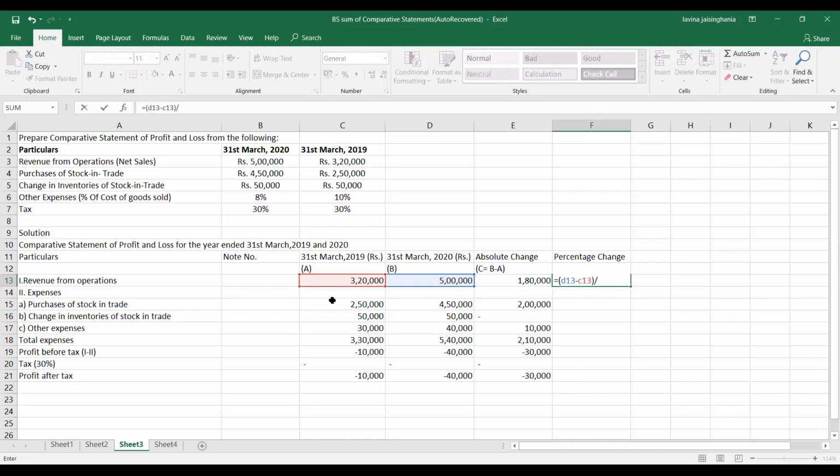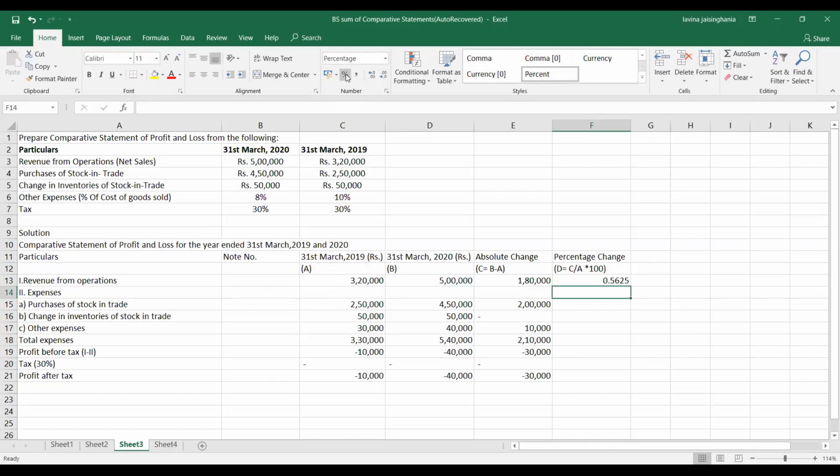Okay, so I'll get the answer in percentage. This cell gets the answer in percentage, 56.25, but it is showing a rounded value as 56 percentage.